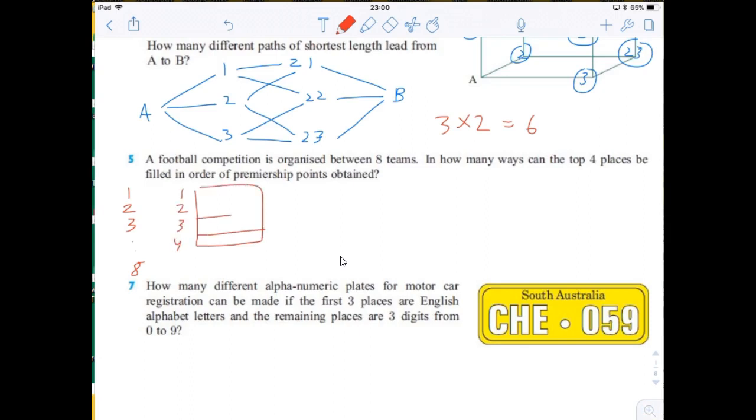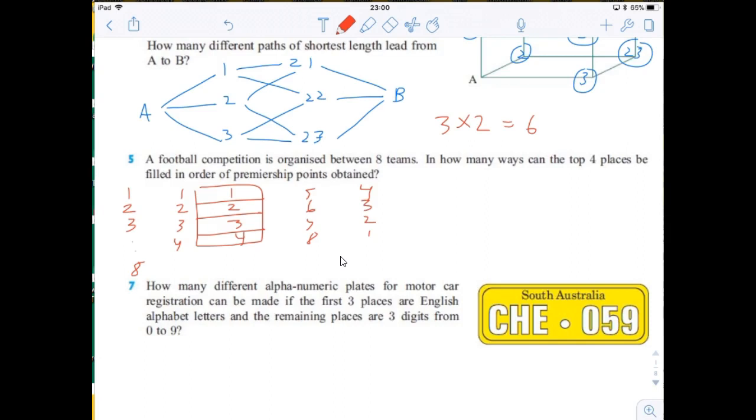In these 4 positions, I want to put 4 of these teams. For example, I could put teams 1, 2, 3, 4, or I could put 5, 6, 7, 8. I could also put them in different orders. I could have 1, 2, 3, 4, or I could have 4, 3, 2, 1. So you can see there are a lot of different ways to do that.